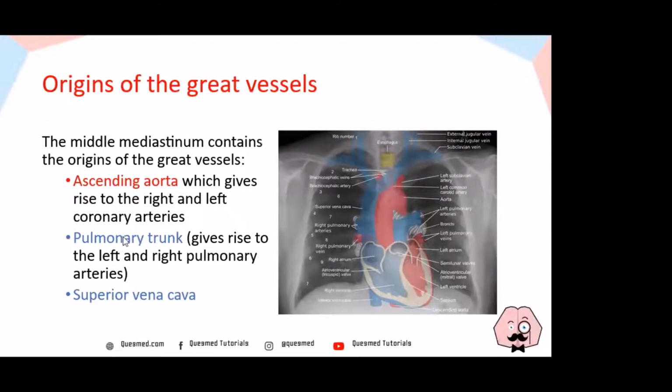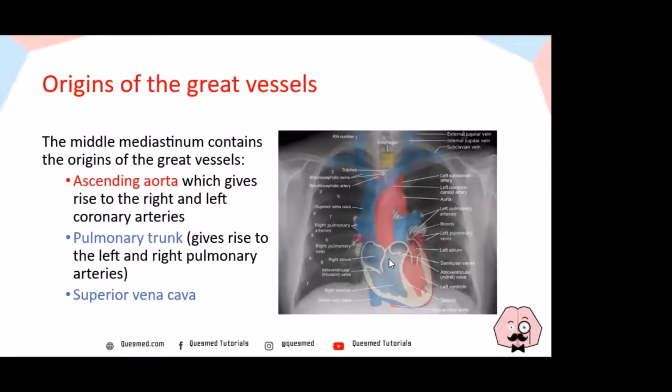So the origins of your great vessels, so your ascending aorta or aortic root, give off your right and left coronary arteries within the middle mediastinum, and then it ascends, and as it passes the thoracic plane, it becomes the arch of the aorta.